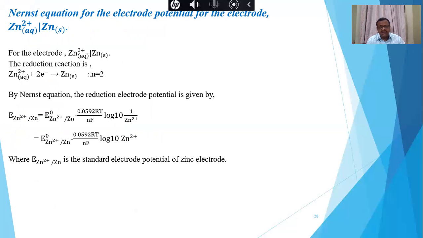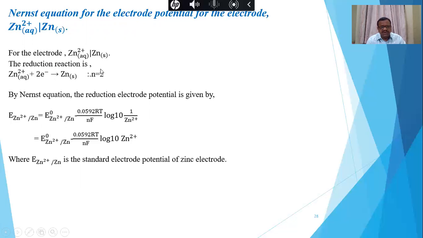Now let us try to write the same equation for the electrode potential of a zinc electrode. Suppose we have a zinc rod dipped in zinc sulfate solution, so there are Zn²⁺ ions in the solution.